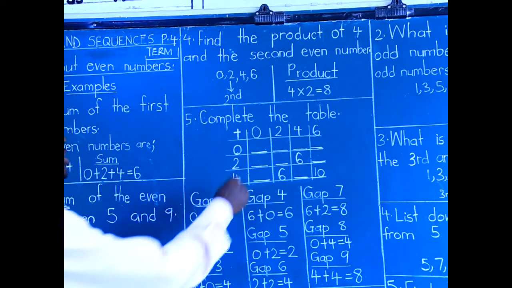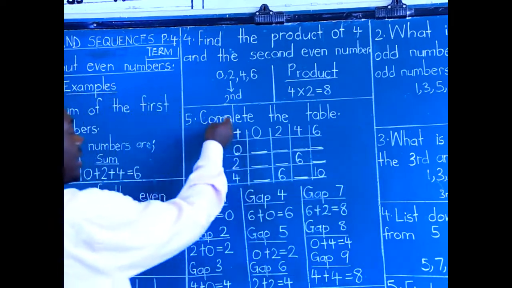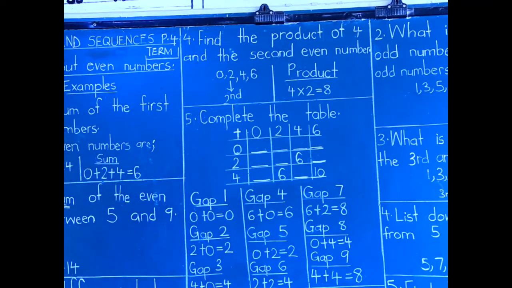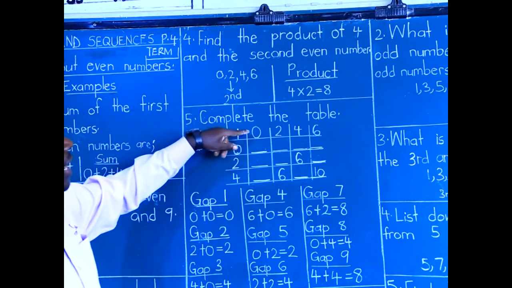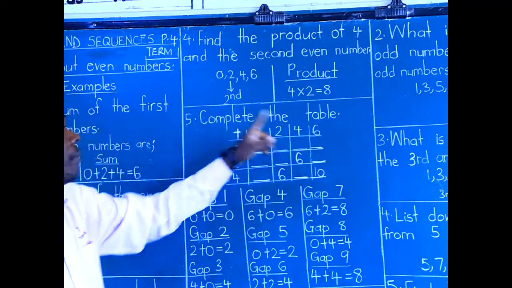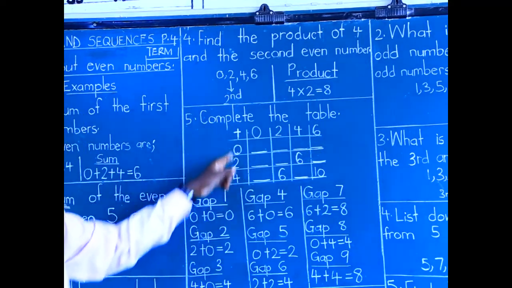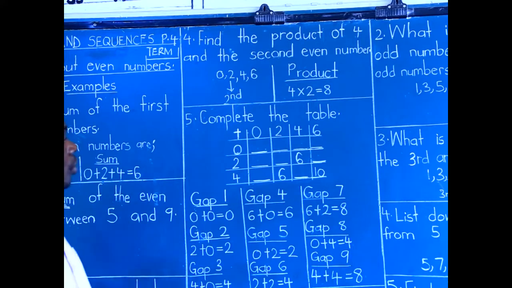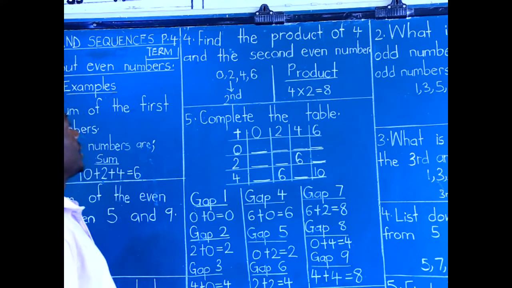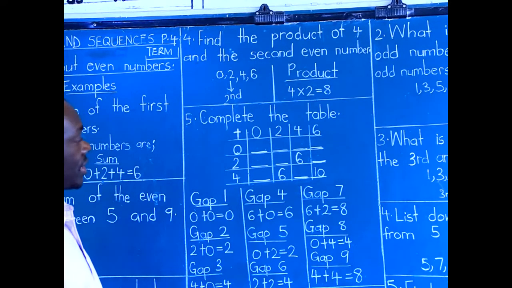Now we've got the top numbers and the numbers that are vertically arranged. So you are going to add this number on top with this corresponding vertical number. So we are obliged to add these numbers, and majorly they are even numbers.